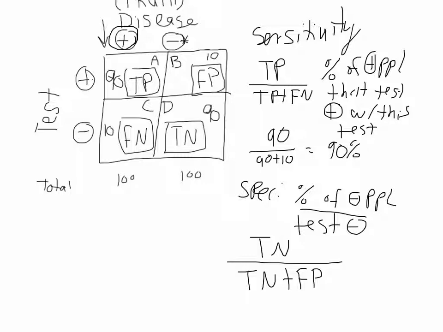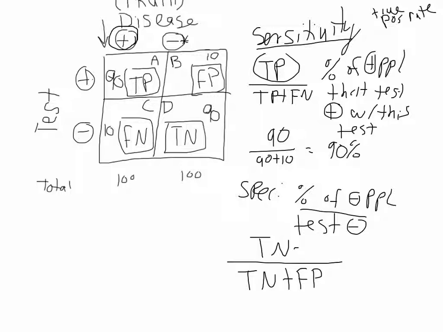So you can see from these two equations, the sensitivity is sometimes called the true positive rate, which is kind of a misnomer because it only tells you the true positive rate in people that are positive. The specificity tells you the true negative rate in people that are negative.